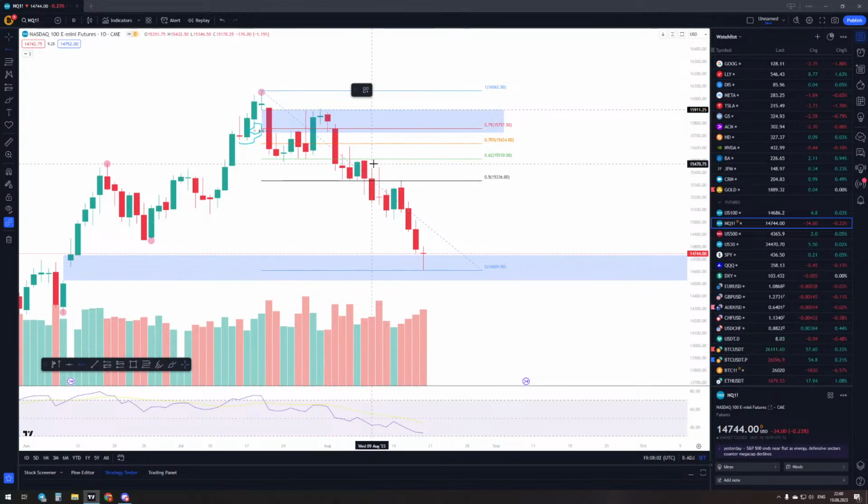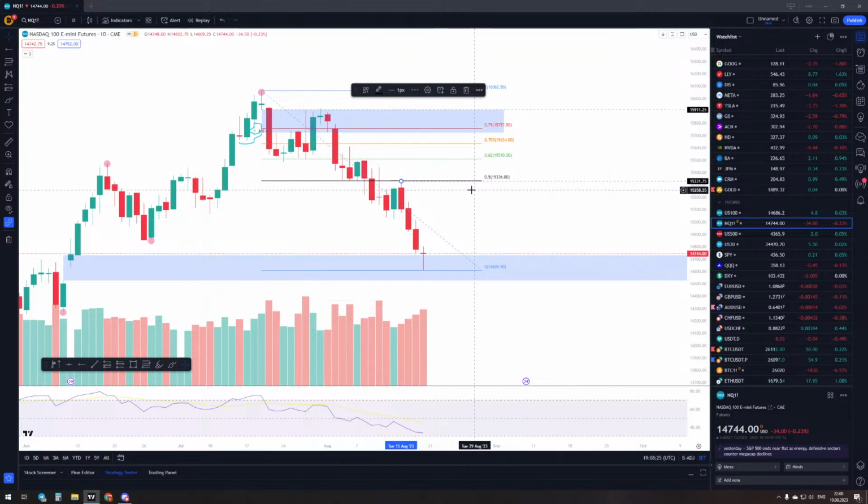Now we have to find where Nasdaq goes, because it can just turn around, since it's in the premium market. It will be something like a breaker block, which is this one, by the way.